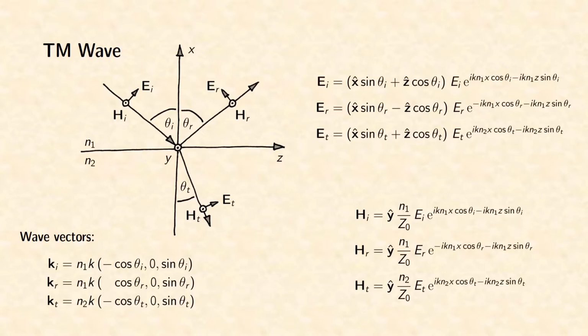So now we know the amplitude as well as the angle of propagation for the reflected and the transmitted wave in case of the TE wave. And now we will do the same derivation for the TM wave, which means p-polarized waves or magnetic field parallel to the surface of the material boundary.